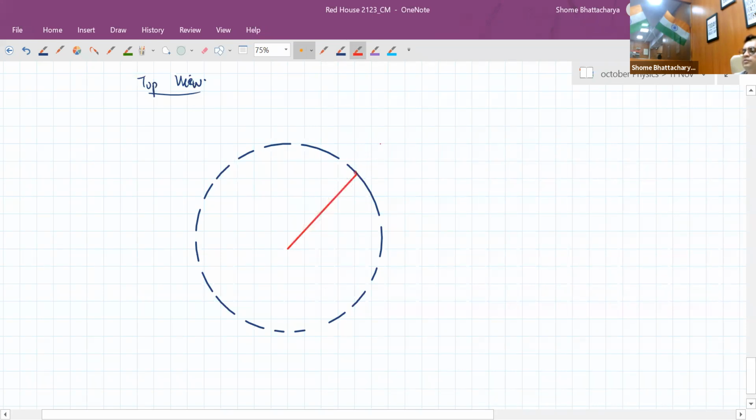So when the particle is here, for example, tension is acting like this. By the time the particle reaches somewhere here, let's say, at speed v0.